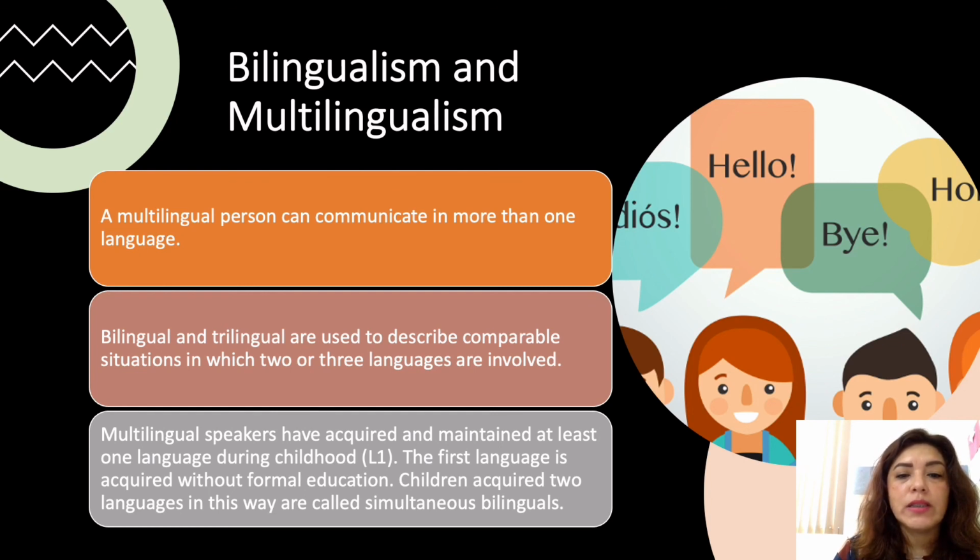So the first language is acquired without formal education. Children who acquire two languages in this way are called simultaneous bilinguals. In some cases, bilingualism occurs when a child is raised by bilingual parents in a monolingual environment, but it can also occur when the parents are monolingual but have raised their children in different countries.